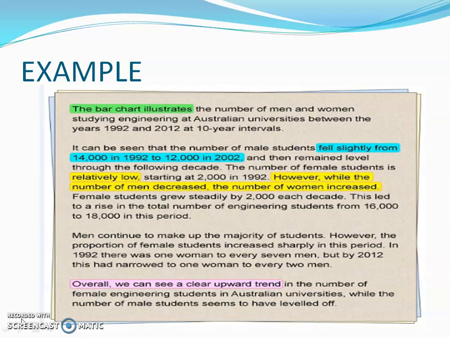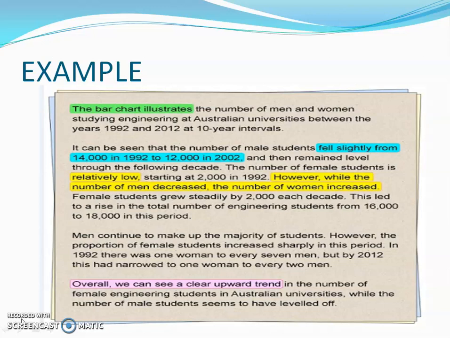It can be seen that the number of male students fell slightly from 14,000 in 1992 to 12,000 in 2002, and then remained level through the following decade. The number of female students is relatively low, starting at 2000 in 1992.